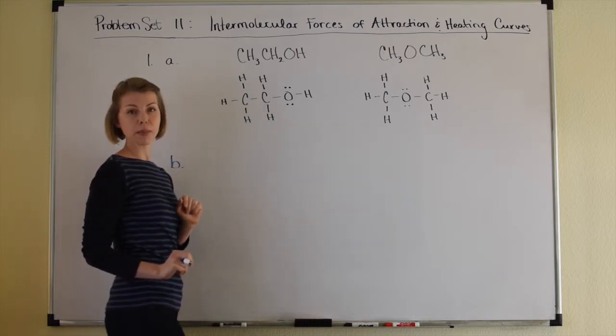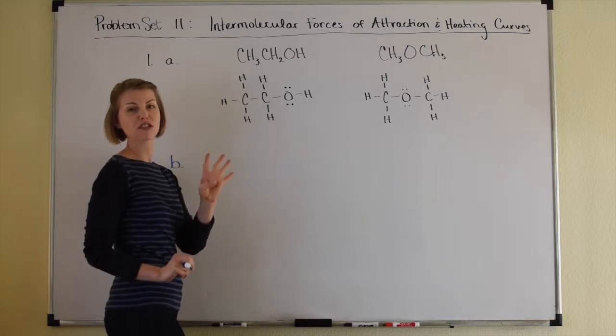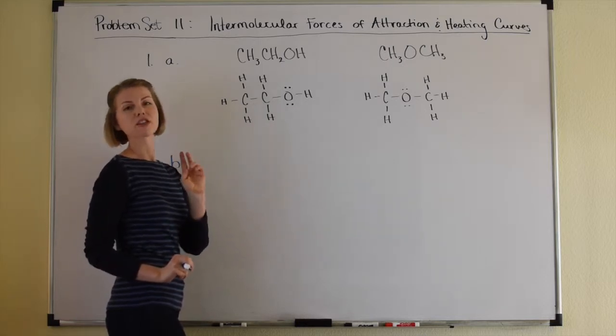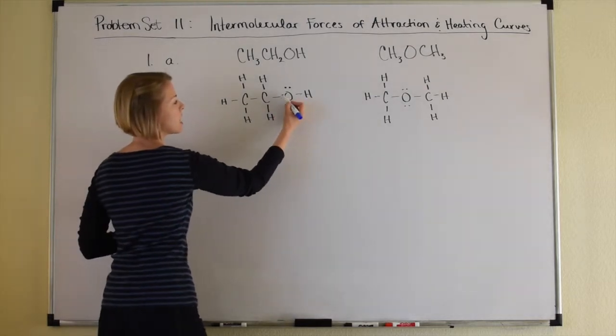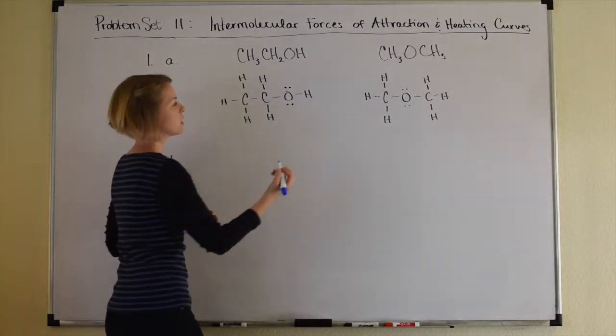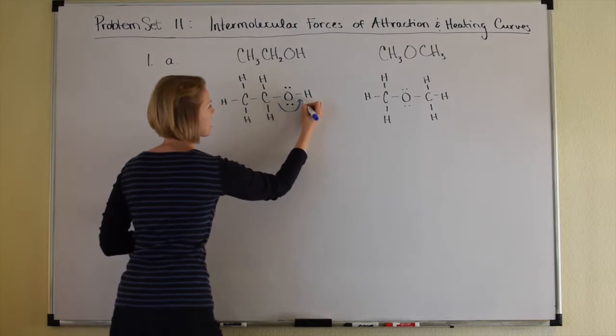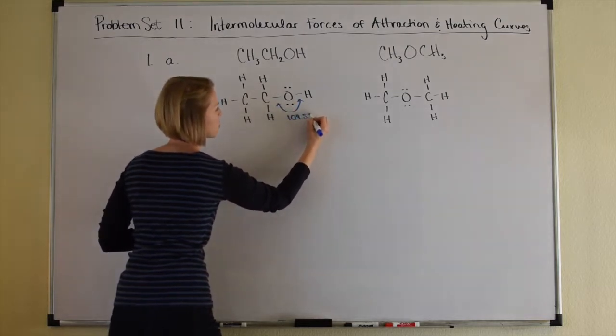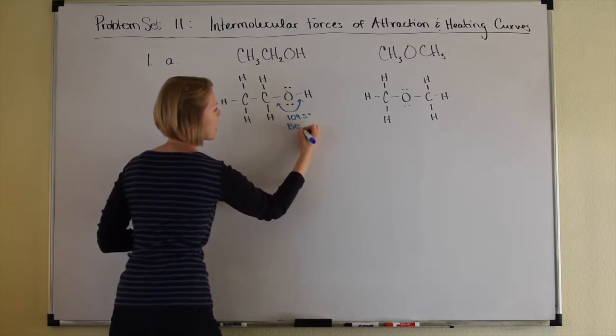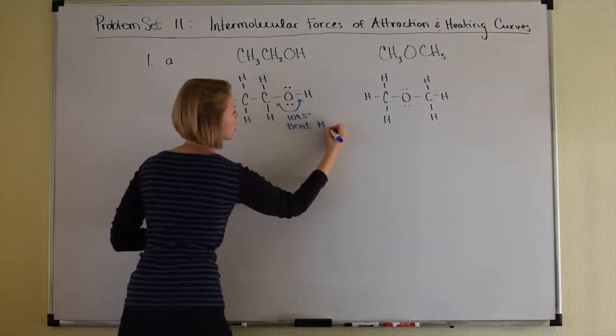So although the electron pair geometry with 4 charge clouds is tetrahedral, because 2 of those are lone pair electrons, the molecular geometry is going to be bent. I'm going to indicate that here. This is going to be a 109.5 degree bond angle. It's going to have a bent molecular geometry.